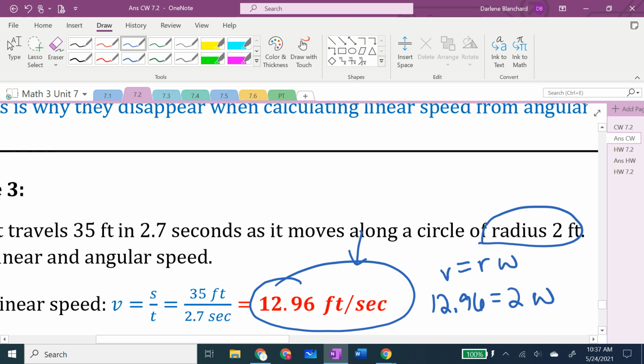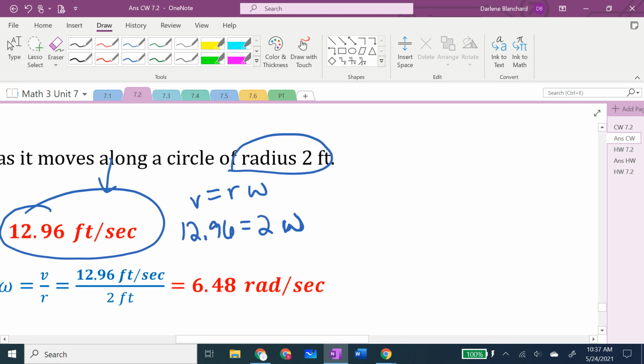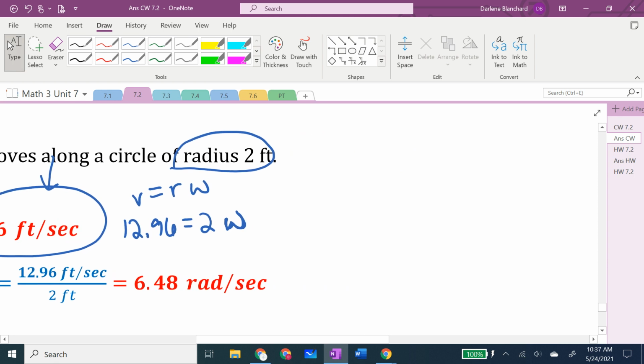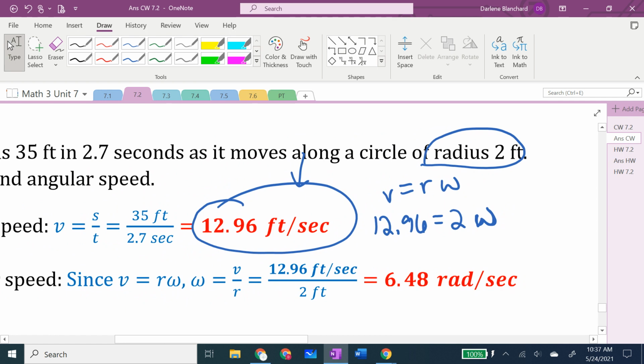So to find my angular speed, I need to divide 12.96 by 2. And so that will give me 6.48 radians per second. So this example is kind of working backward from what we were doing before.